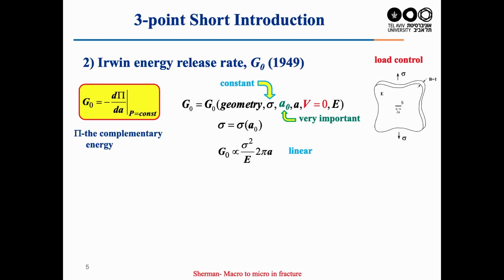As the crack is getting shorter, the stresses are getting higher. This is very important to understand. And G naught is actually linear with crack length, assuming that the specimen is large enough. And what we claim is that initiation occurs when G naught equals gamma naught.